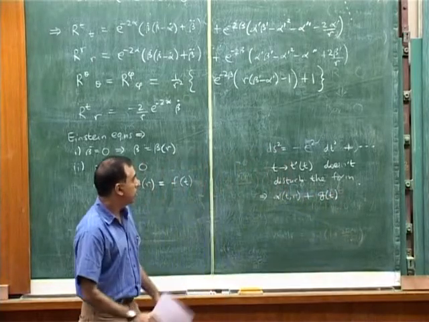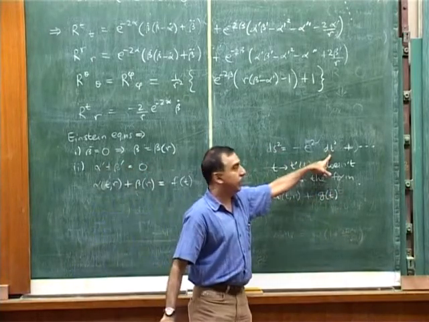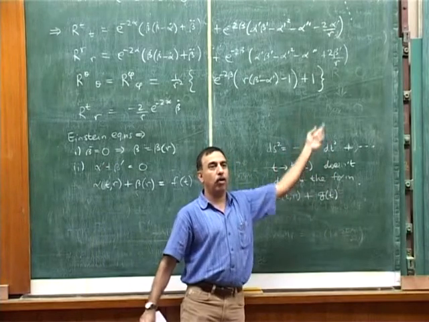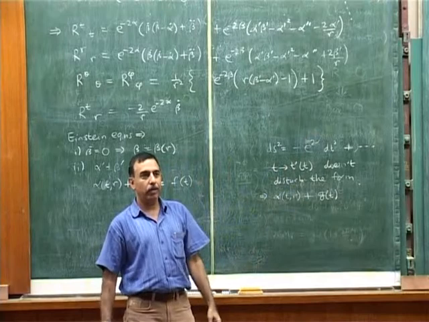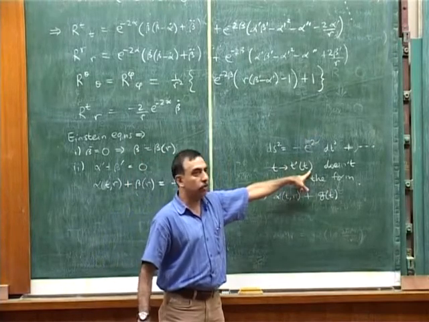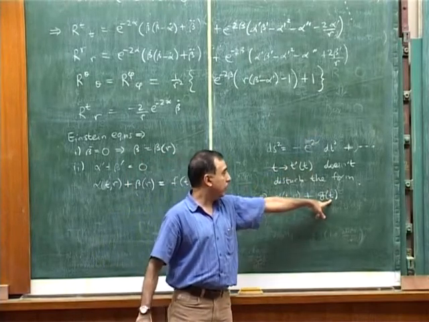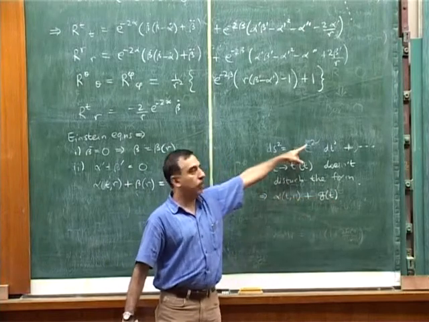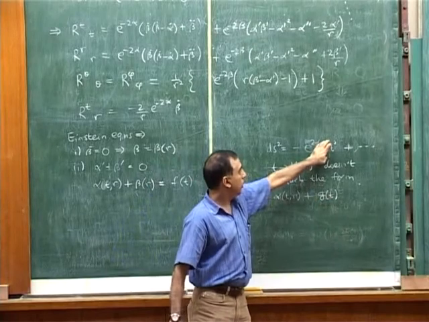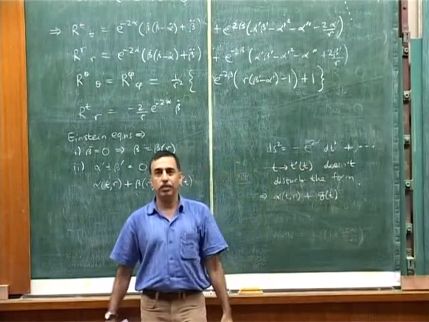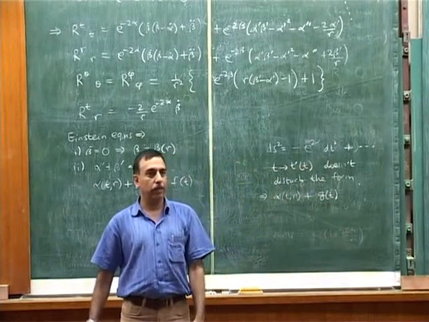What will that arbitrary function be? It will be dt by dt prime squared, then take the log to put it in the exponent, whatever it is, some function of time. By choosing this as some particular function of time, I can generate any function of time to add to alpha in the exponent. Is that clear? Because it's a multiplicative function, but multiplicative means it adds to alpha in the exponent.